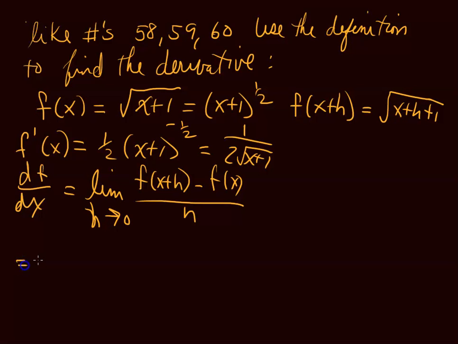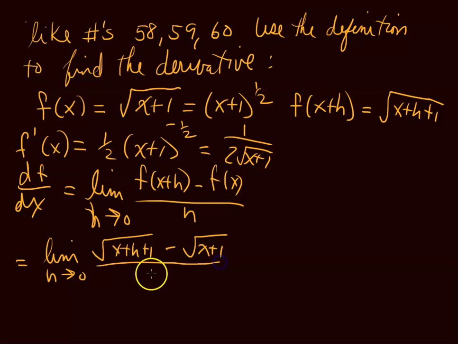So the derivative is the limit as h goes to 0 of the square root of x plus h plus 1 minus the square root of x plus 1, all over h. We're going to multiply both numerator and denominator by the conjugate of the numerator.